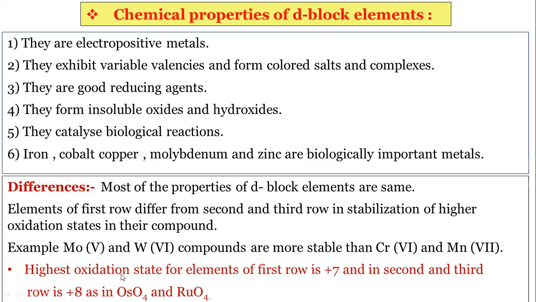Then another example is also given. The highest oxidation state for the elements of the first row is plus 7. Manganese shows plus 7 oxidation state, and in the second and third row plus 8. This plus 8 oxidation state is shown in osmium tetroxide, where osmium has the plus 8 oxidation state.